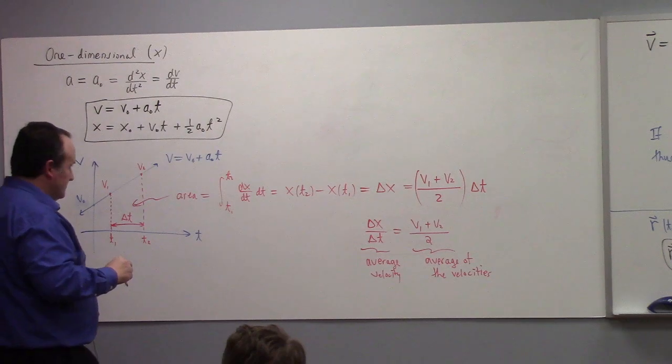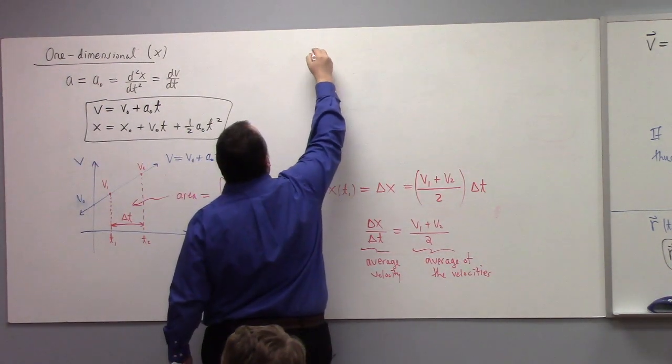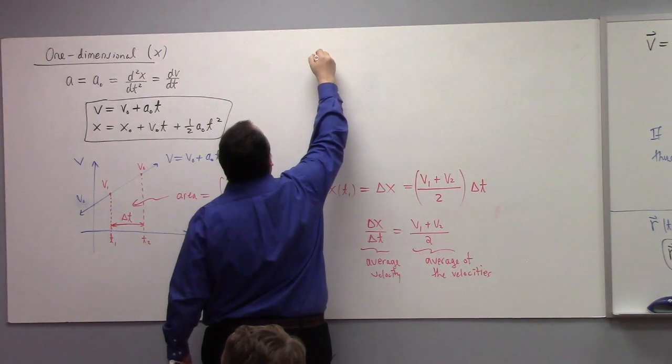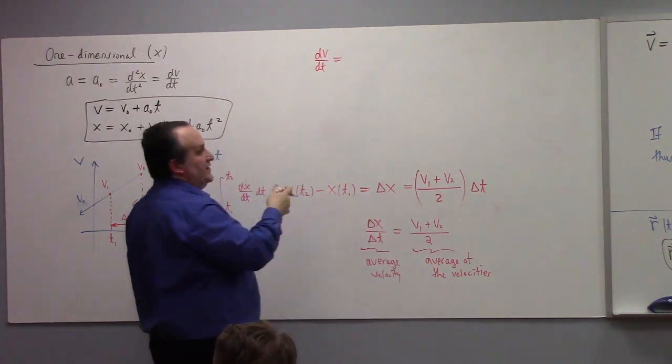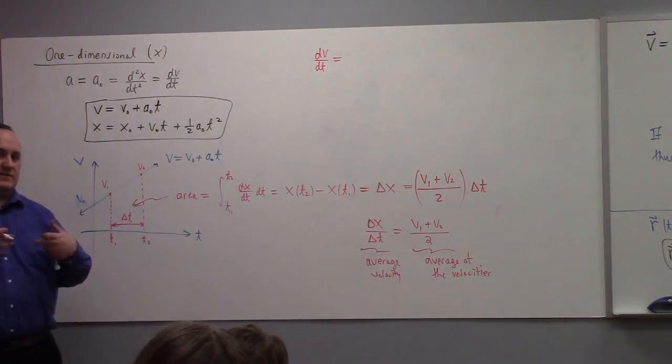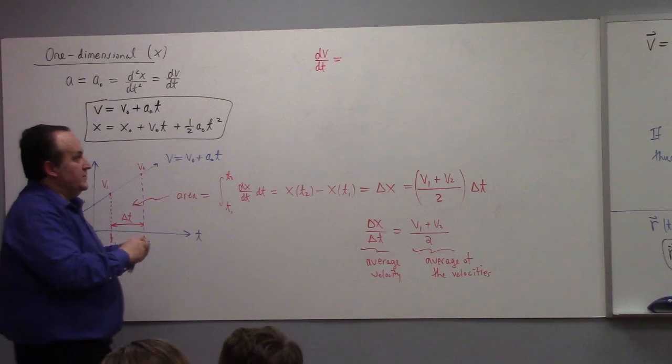Another thing to notice is a kind of trick, but we have dv dt, and this trick is not special to the constant acceleration case. This same thing is very useful for other problems in one dimension. So check this out.